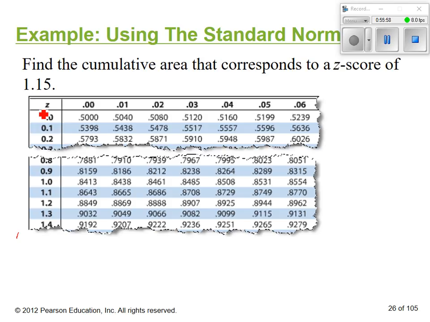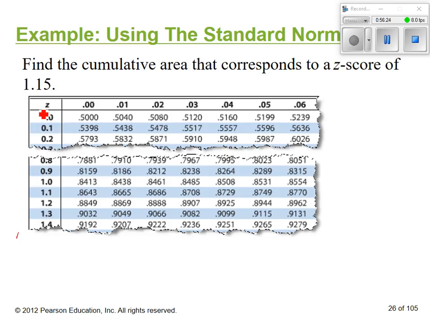We want to find the cumulative area that corresponds to a z-score of 1.15. So we'll give Jesse some credit this time. We'll say that his z-score on our exam was 1.15. Does that put him above average or below average? Above.